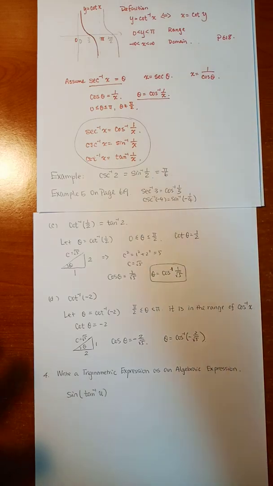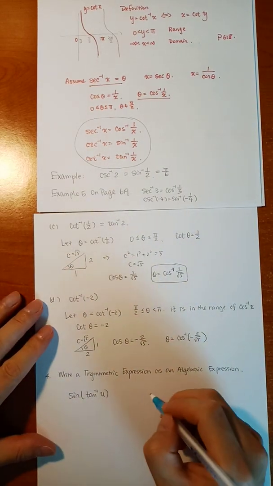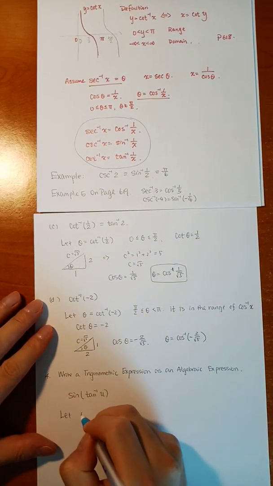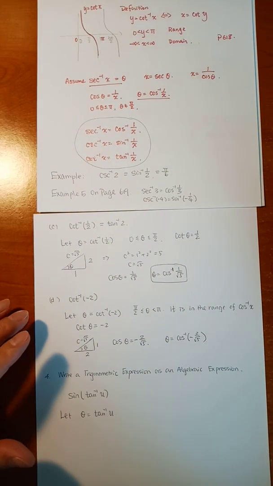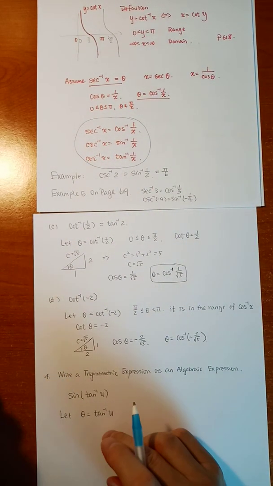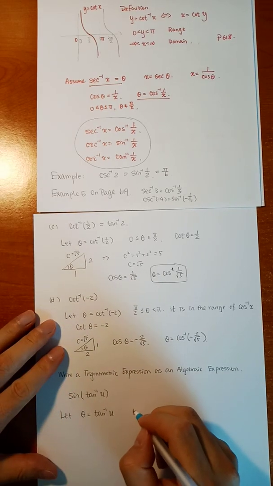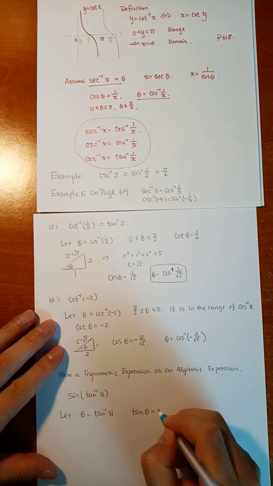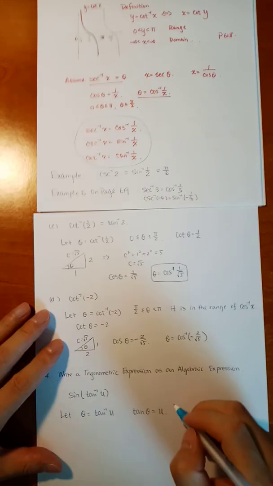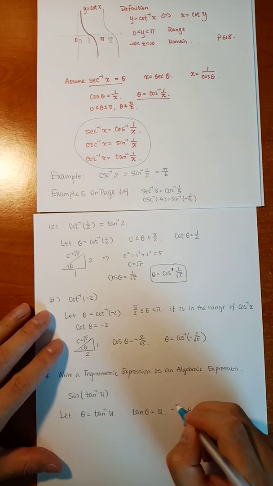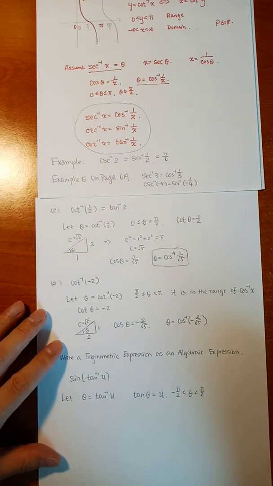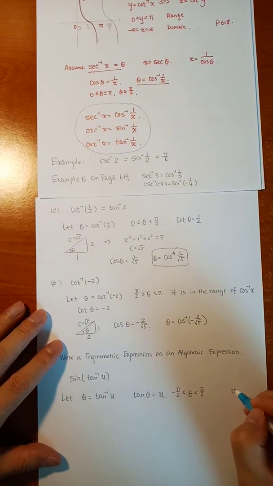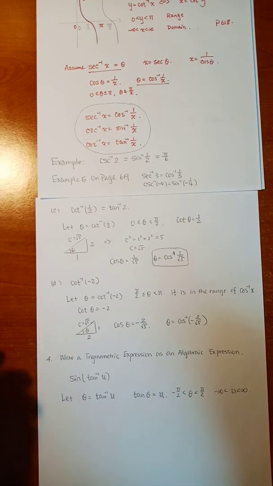Okay, let theta be tangent inverse of u. Then tangent theta is equal to u. And theta is between negative pi over 2 and positive pi over 2, and u is between negative infinity and positive infinity.